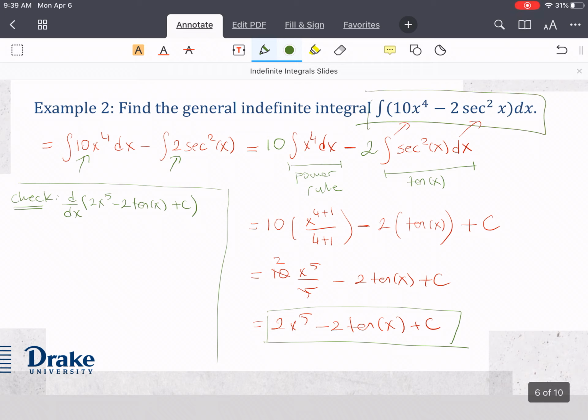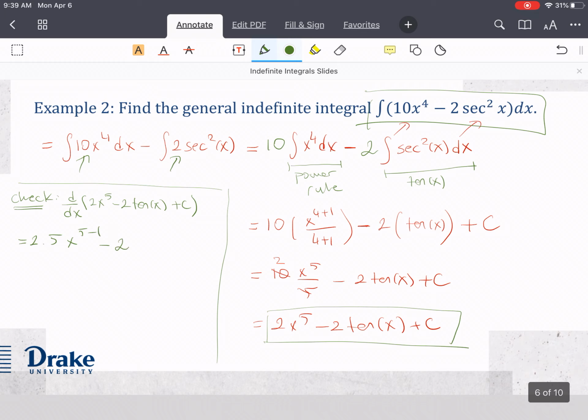First apply the power rule: 2 times, bring down the exponent, and subtract 1.